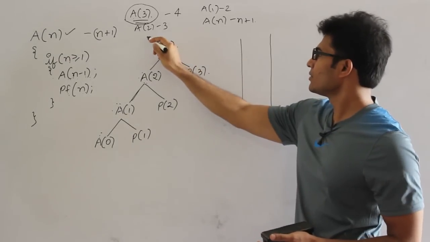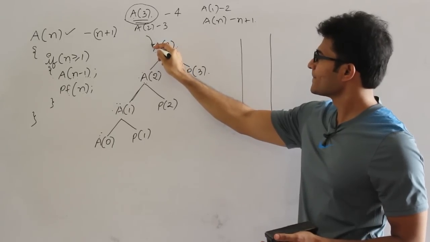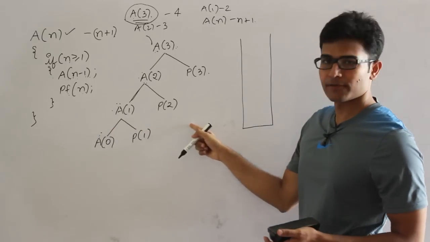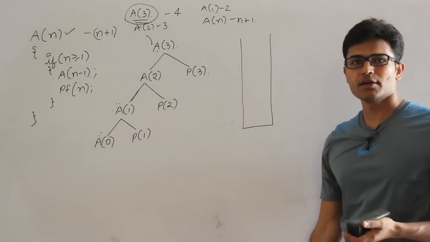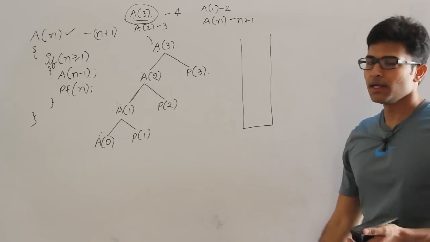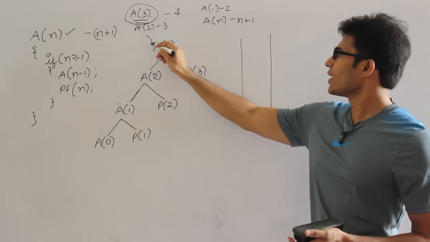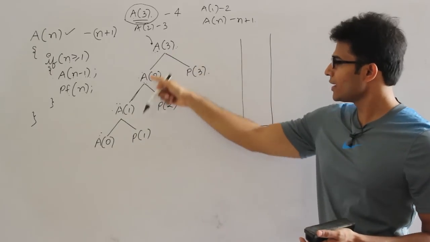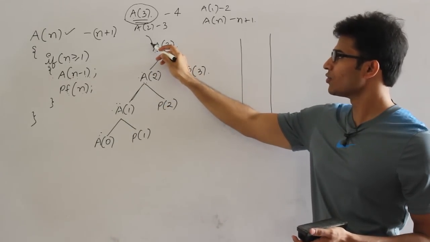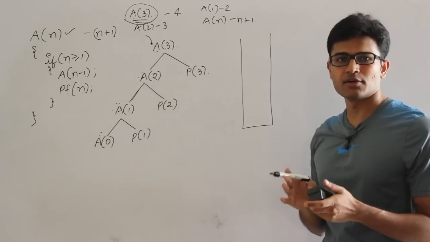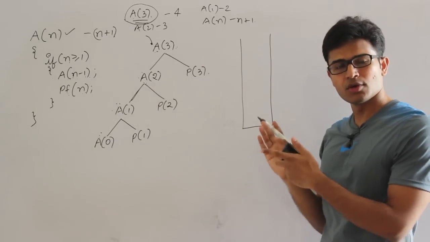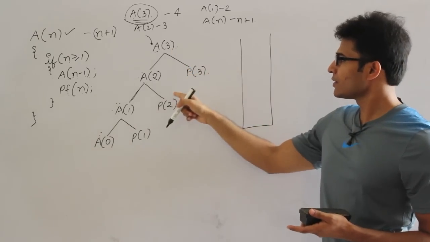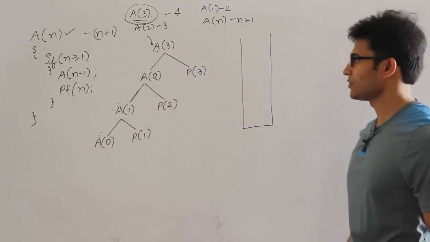Initially you start from A and you traverse the tree top to down, left to right. While traversing, whenever I visit a node, if that node is a function call, I'm going to push a stack record, and if that node is some other thing, I'm going to execute that instruction.